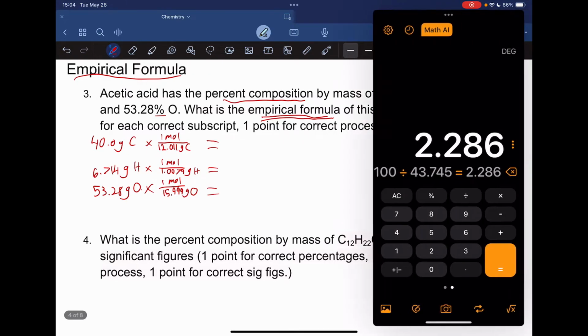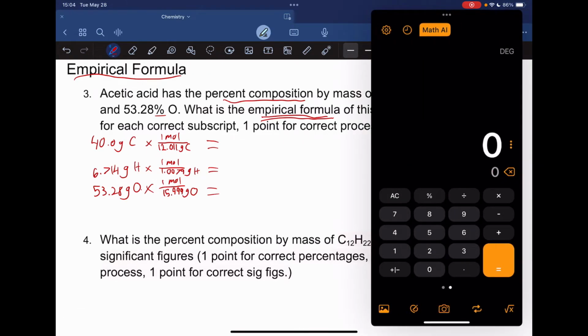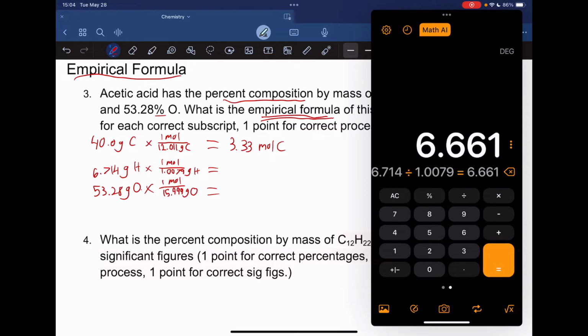All right, let's plug it in our calculator. So we have 40 divided by 12.011. That's going to equal 3.33, and this is moles of carbon. And then we have the 6.714 grams, divide that by 1.0079 equals 6.661 moles of hydrogen.